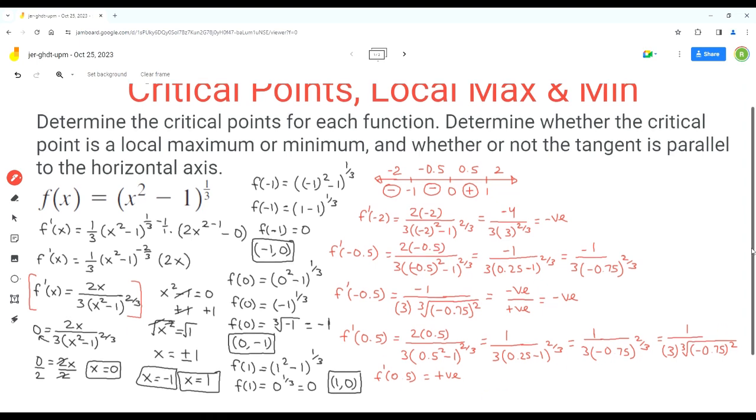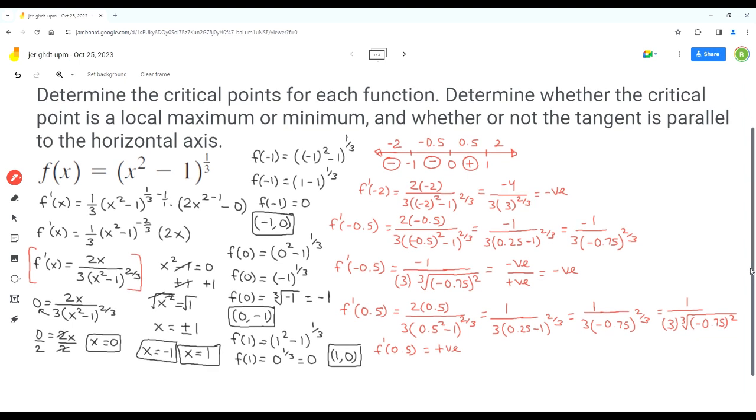Now we can analyze the behavior of the graph to the right side of critical number x equals 1. So we can sub in x as 2 in the prime of f. So prime of f at 2 will be equal to 2 times 2 over 3 parentheses 2 square minus 1 exponent 2 over 3.